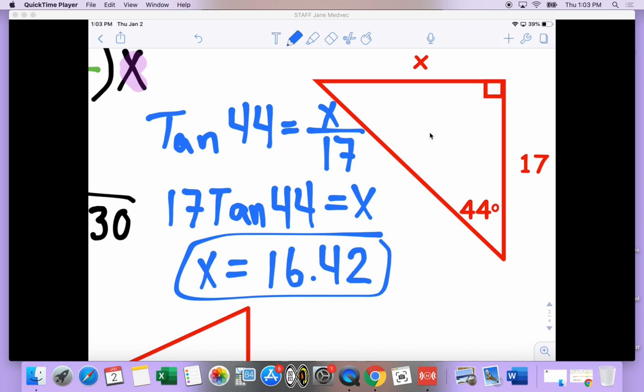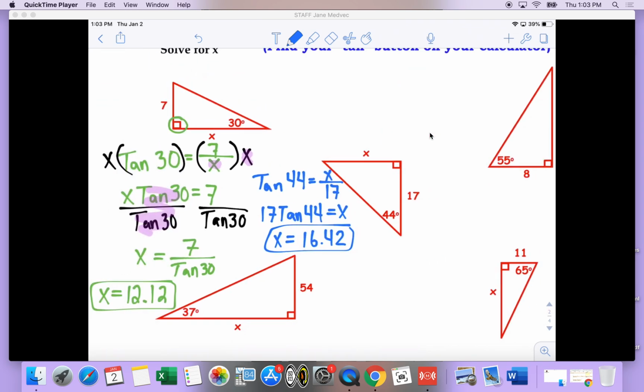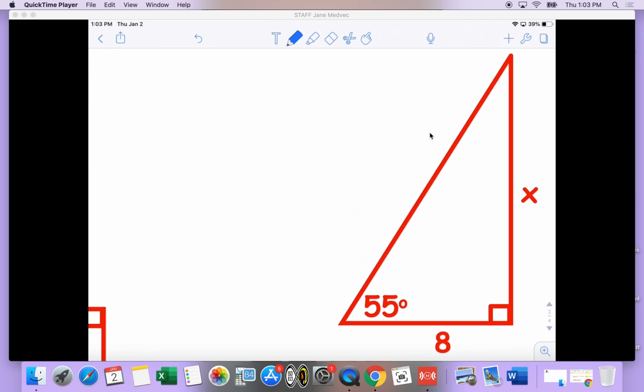Questions on this? You're doing trig. This is the basics of trig, not super hard, okay? All right, let's go to this one. So I'm going to grab tangent. What should I put next to tangent? Yes, excellent. 55, that's the angle measure, equals, what do I put in the numerator?